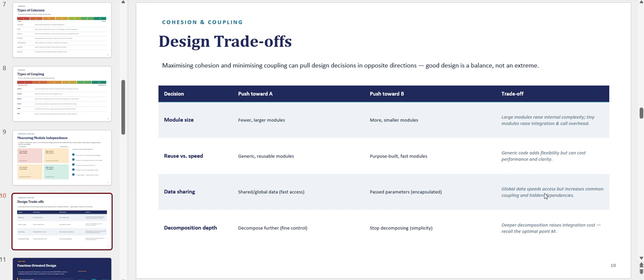Trade-off is global data gives speed of access but increases common coupling and hidden dependencies. Now the fourth one is decomposition depth. Push toward A is decompose further, finer control, and push toward B is stop decomposing, simplicity. Trade-off is deeper decomposition raises integration cost. Recall the optimal point is B.